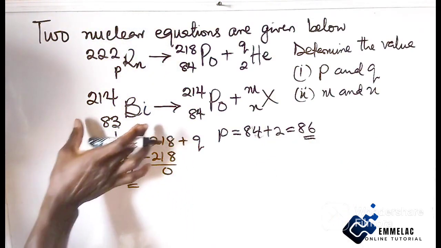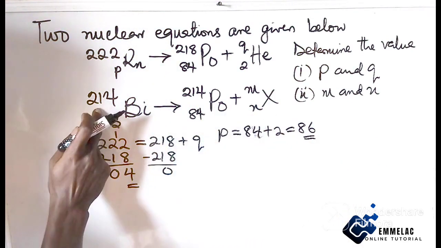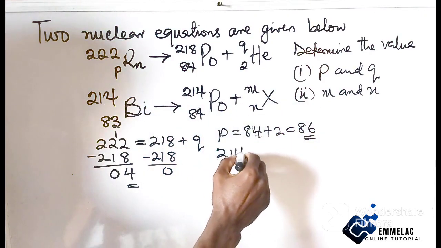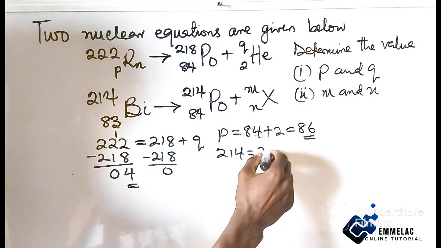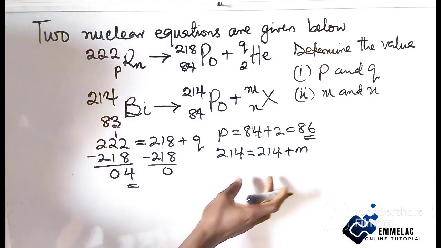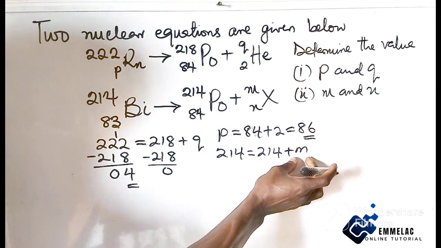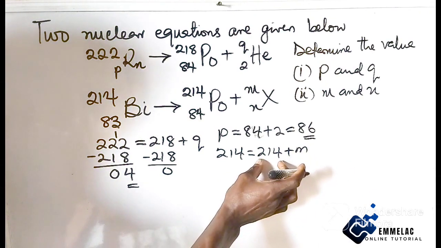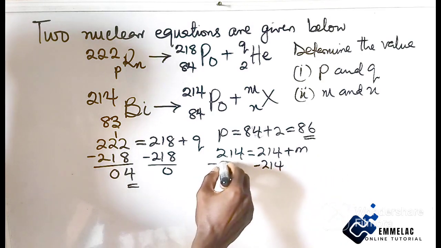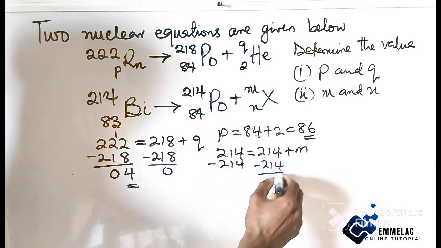Now for the next one, this must be equal to this. So here we have 214 equals 214 plus M. In this case, let us make M the subject of the relation, so we subtract 214 from both sides. 214 minus 214 is 0 here, and we have 0 here.